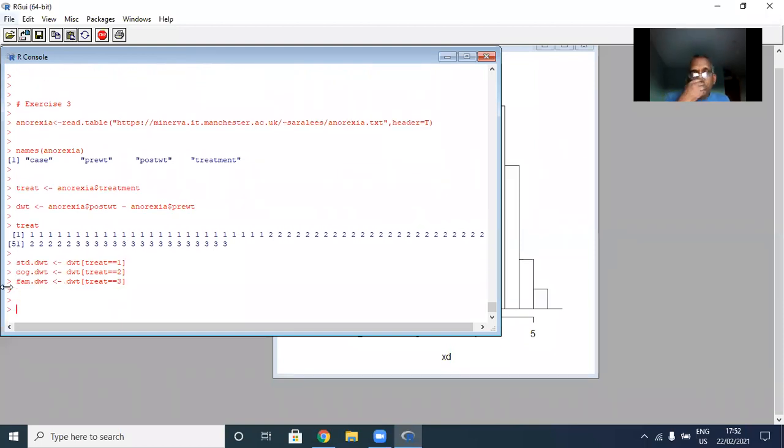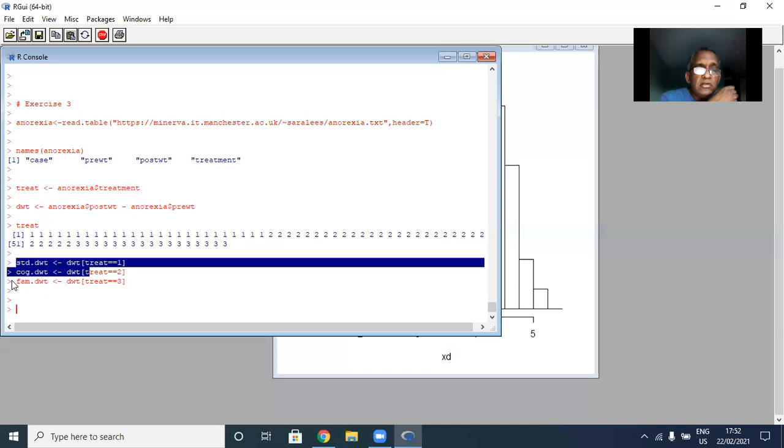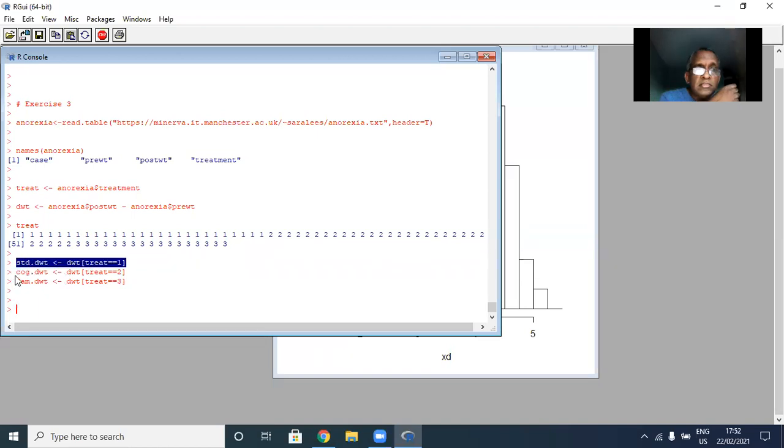All right, so you see I have defined 3 different objects. The first object is the differences in the weights when the treatment is 1. And these are the differences in weight when the treatment is 2. And these are the differences in weight when the treatment is 3, right?